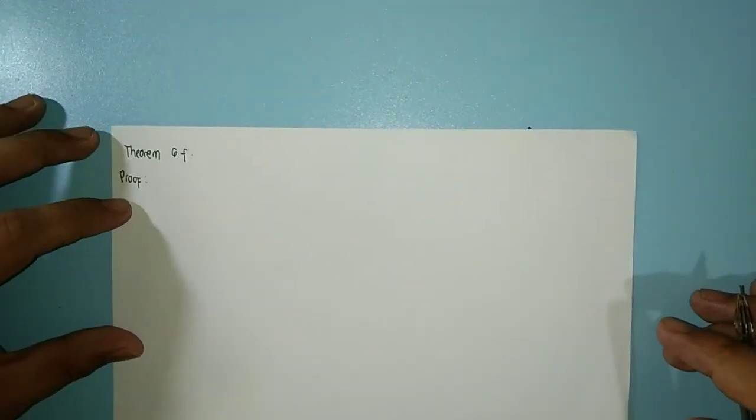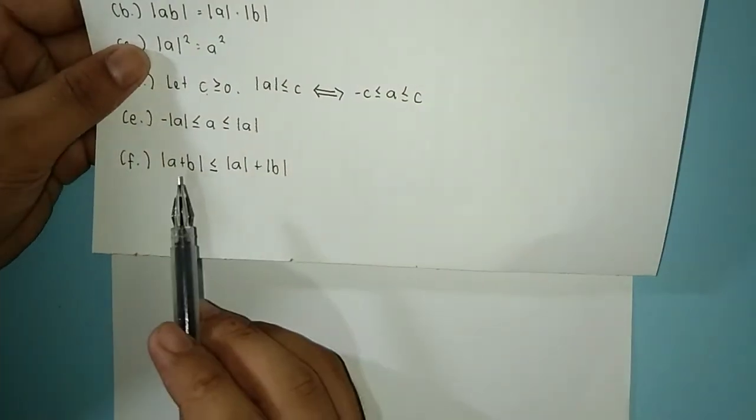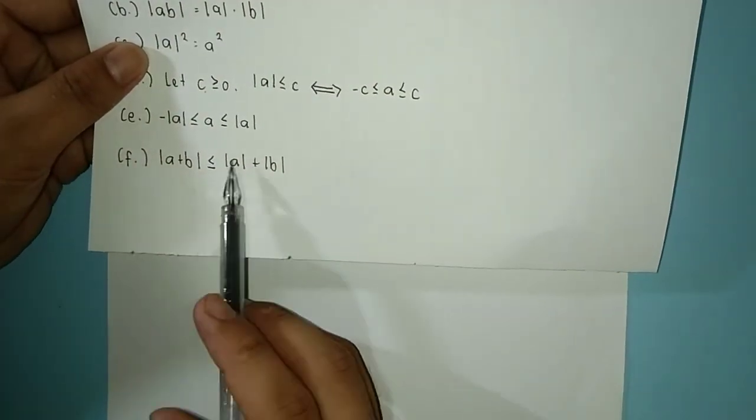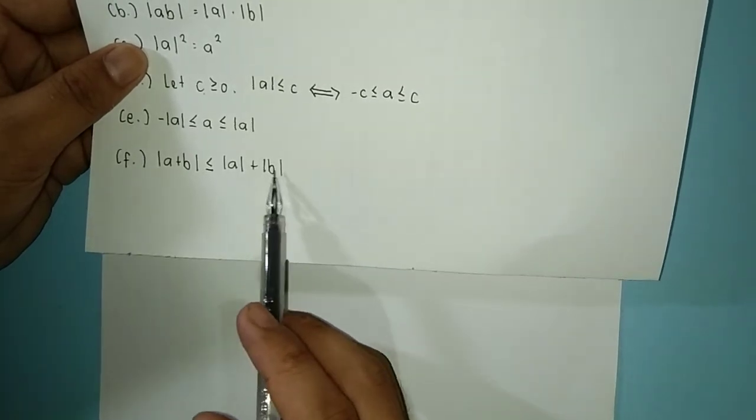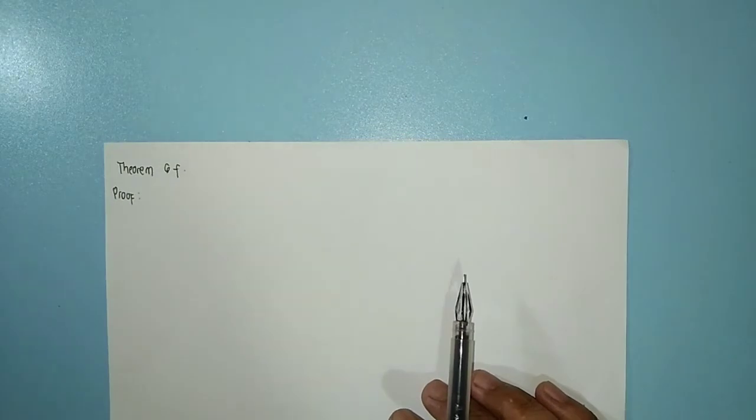Lastly, doon tayo sa ating triangle inequality. Sa triangle inequality, absolute value of A plus B that is less than or equal to absolute value of A plus absolute value of B. So prove natin yan.